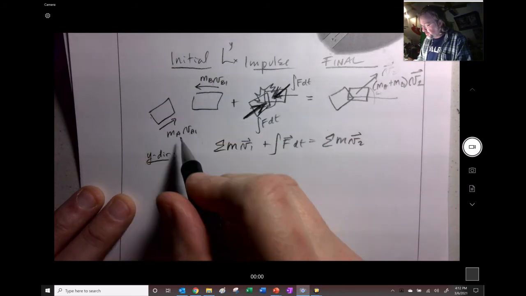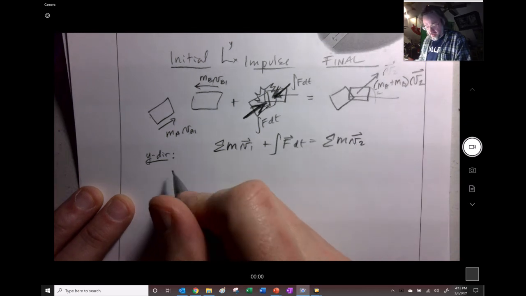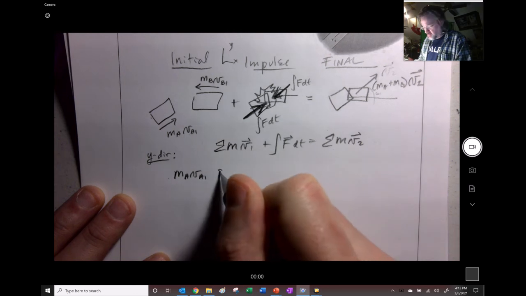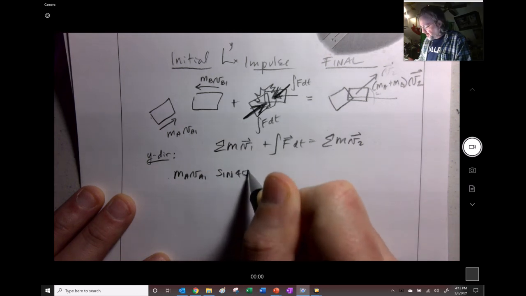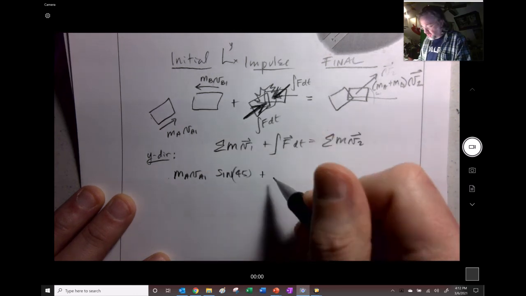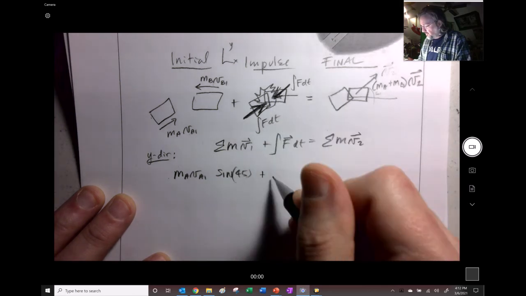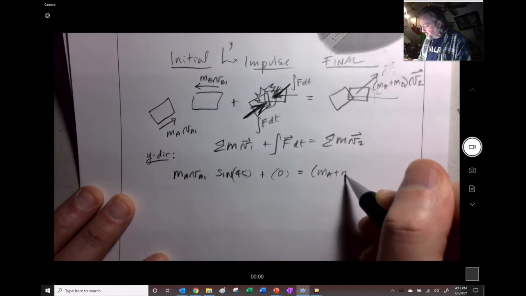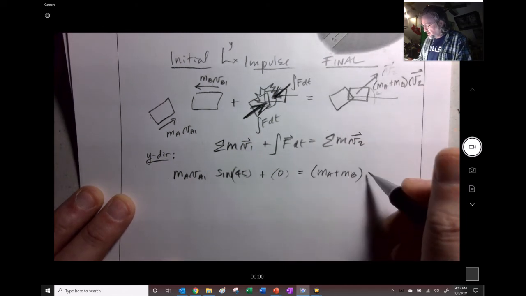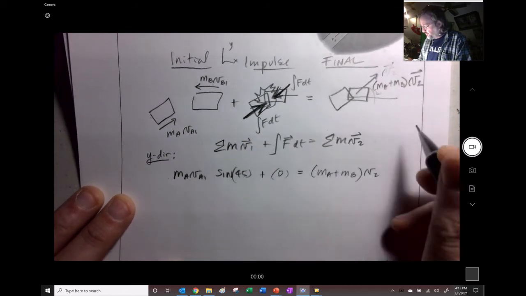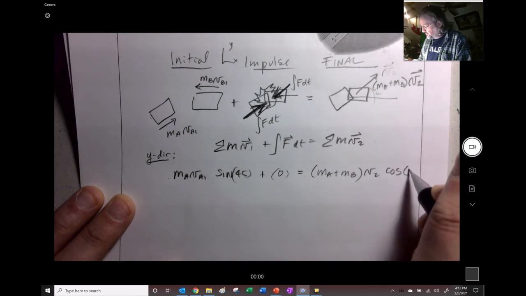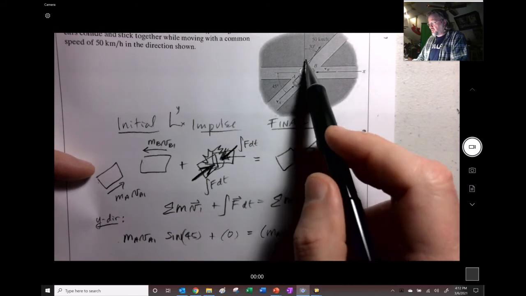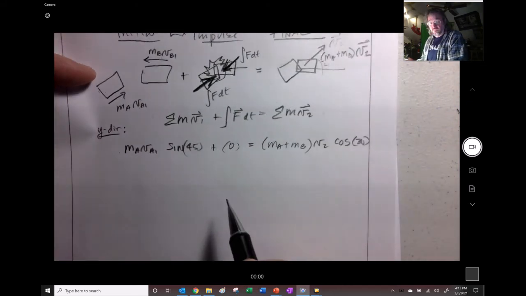We're going to have MA VA1 times the sine of 45 plus, this cancels out here, and it's going to be (MA plus MB) times V2 times the cosine of 30 degrees. I decided to go with the cosine of this angle because that's what they provided.